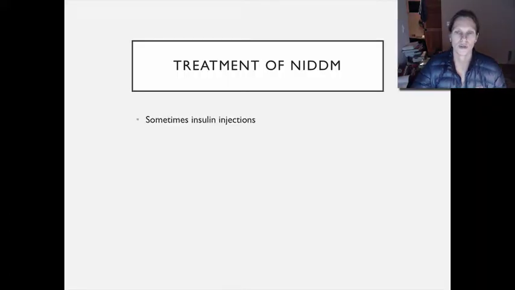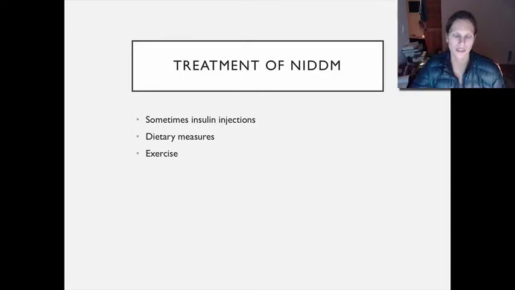So these people with non-insulin dependent diabetes sometimes require insulin, but generally not first. Very definitely, this is a lifestyle disease, and dietary measures can be really helpful. Severely limiting the carbohydrates is the way to go with these patients, limiting to almost very little carbohydrate.